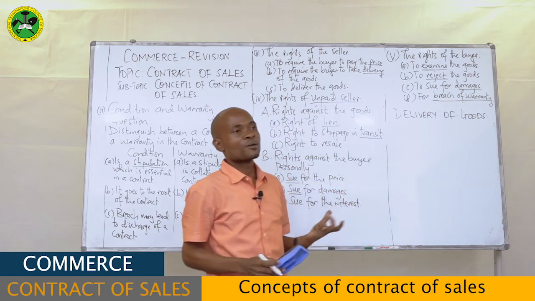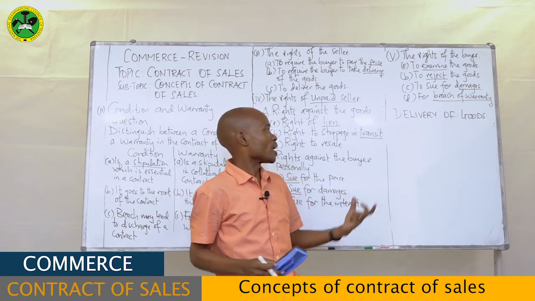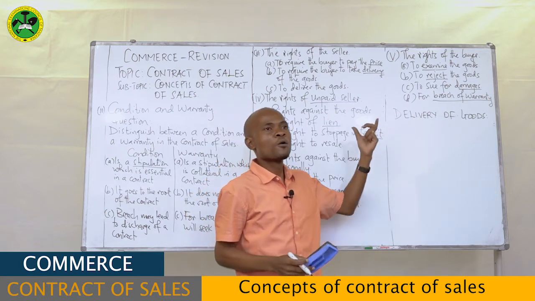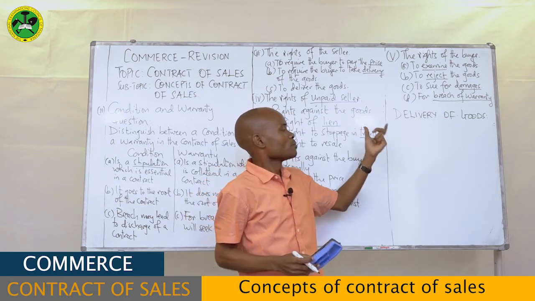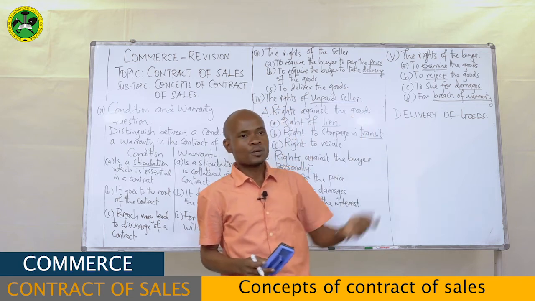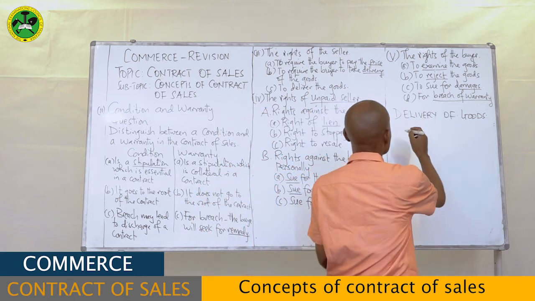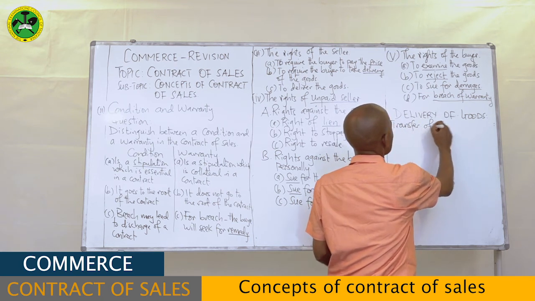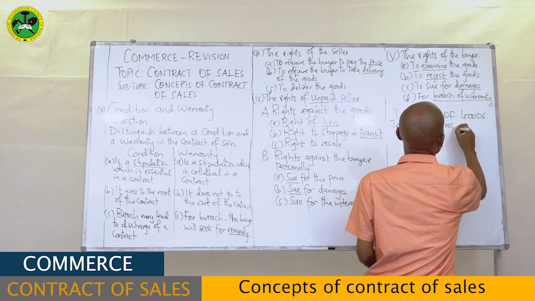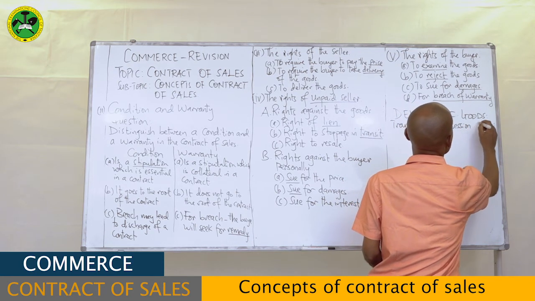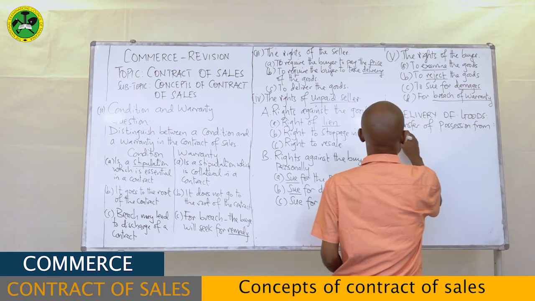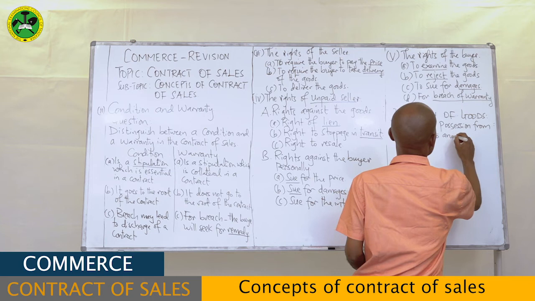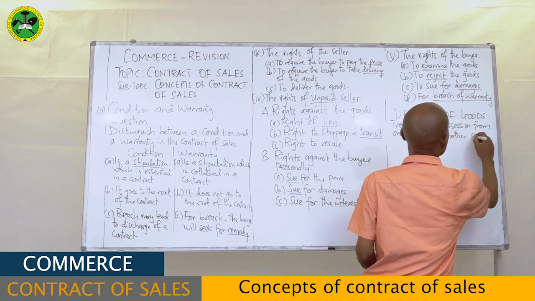Now, in our case here, because the main parties are the seller and the buyer, it simply means transfer of possession from the seller to the buyer.